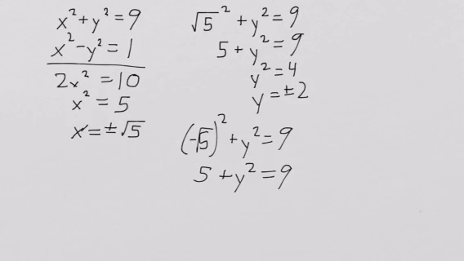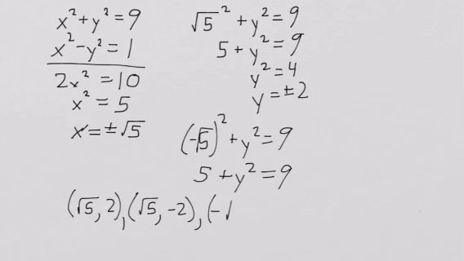So in this case, we end up getting 4 solutions to the system. Square root of 5, 2. Square root of 5, negative 2. Negative square root of 5, 2. And negative square root of 5, negative 2.